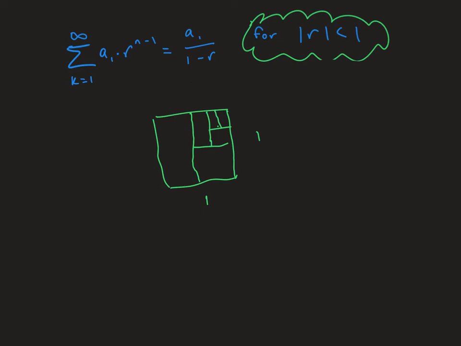So we have 1/2 of the square here, 1/4 here, 1/8 is this part right here, and so on. If we add all those pieces up, we know that it equals 1 because it's inside this 1 by 1 square. So that's equivalent to saying 1/2 plus 1/4 plus 1/8 plus dot dot dot equals 1.